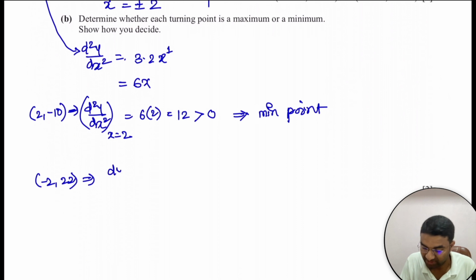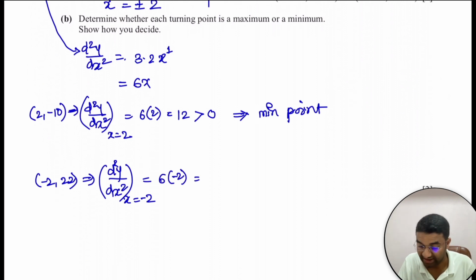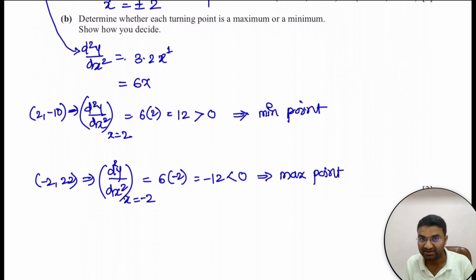So d2y by dx square at x is equal to negative 2 is 6 times negative 2, which is equal to negative 12, which is less than 0, means it's a maximum point. So the first one is minimum, and the next point, negative 2 comma 22, is a maximum point.